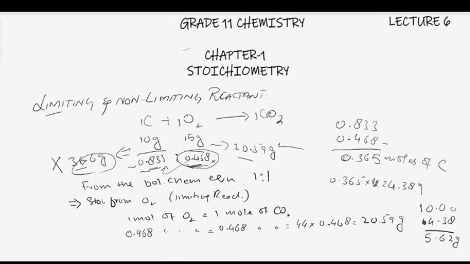So in this case, 5.62 grams of carbon reacts with 15 grams of oxygen to produce 20.59 grams of carbon dioxide. 4.38 grams of carbon are left unreacted, which means that carbon here is in excess and it is not completely consumed during the chemical reaction.